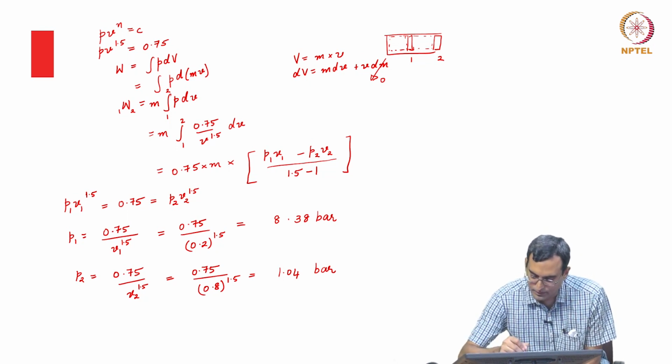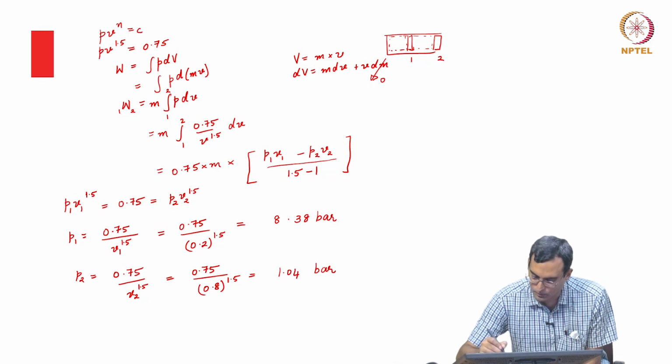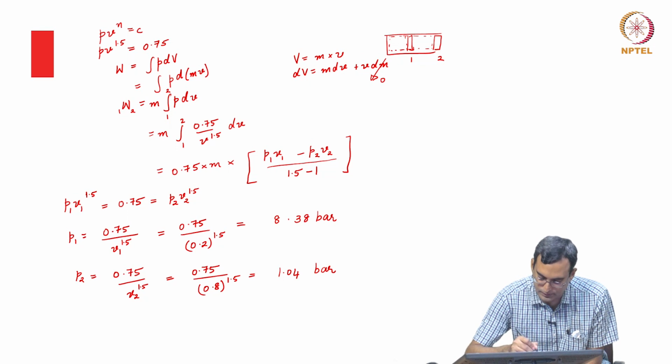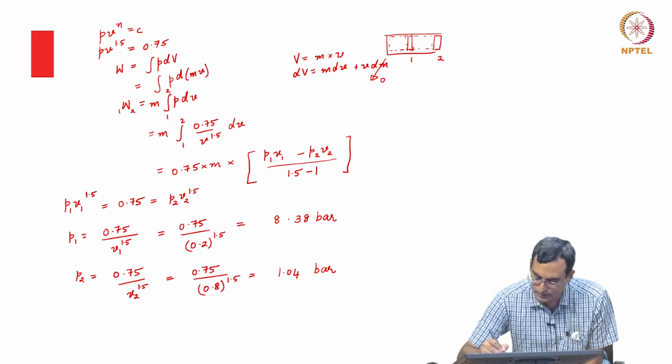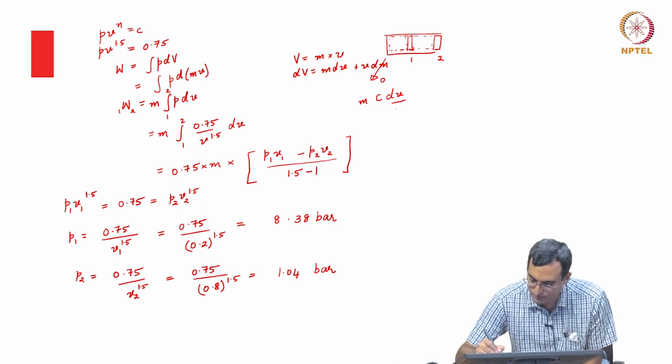So, when you integrate this, we have done this integration earlier. It is of the form, I will leave this out as a constant. So we have some constant m into some constant dv by v power n.